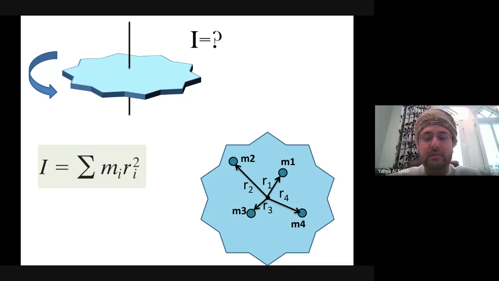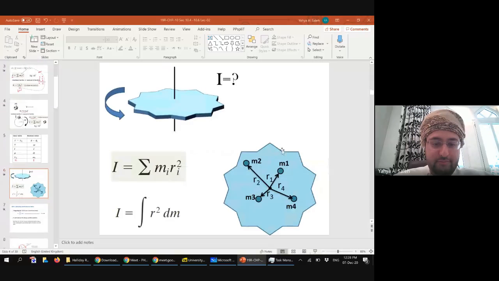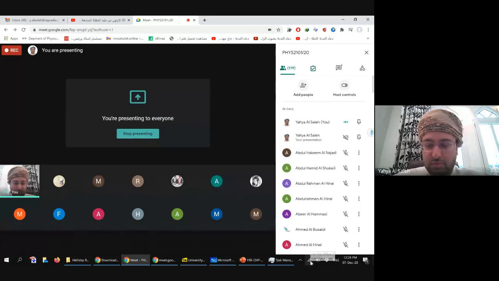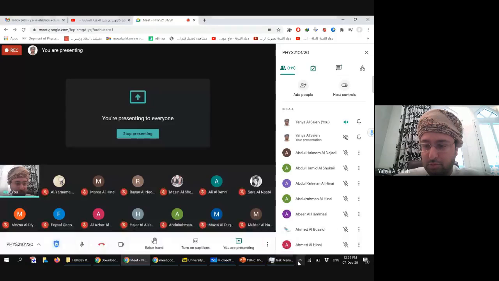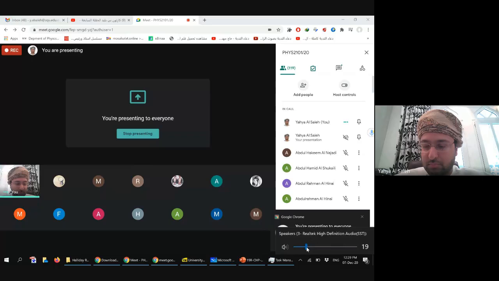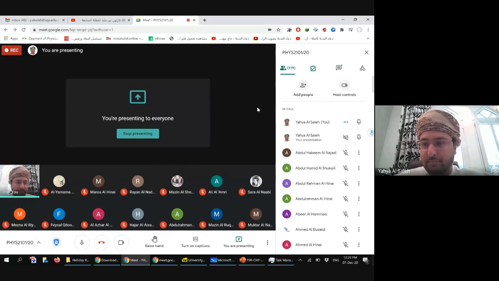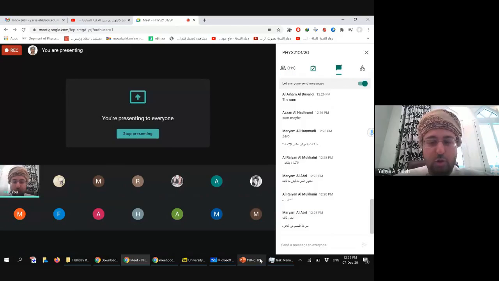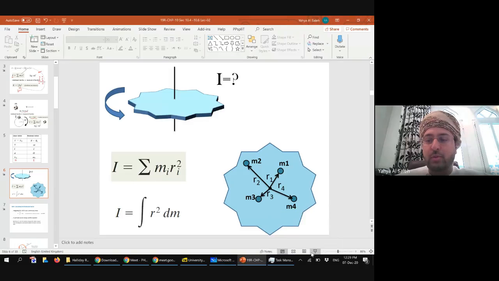You have two velocities in any rotating body. You have two velocities when you're dealing with a rotating body.